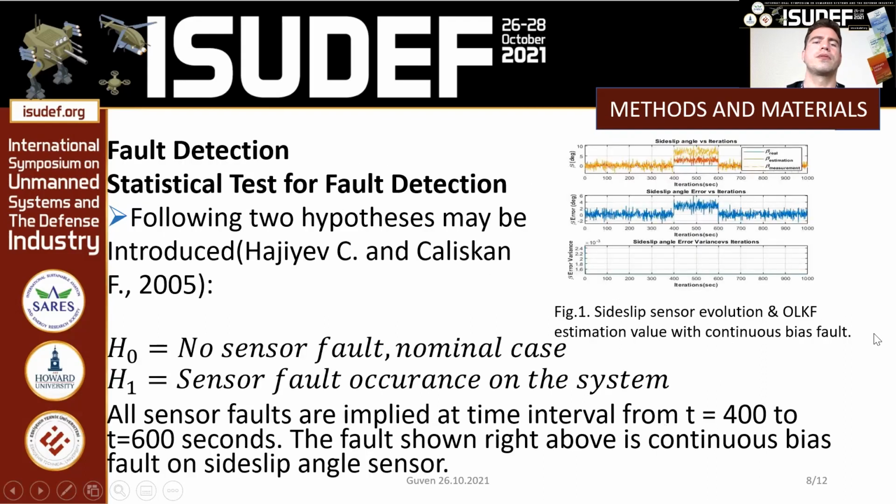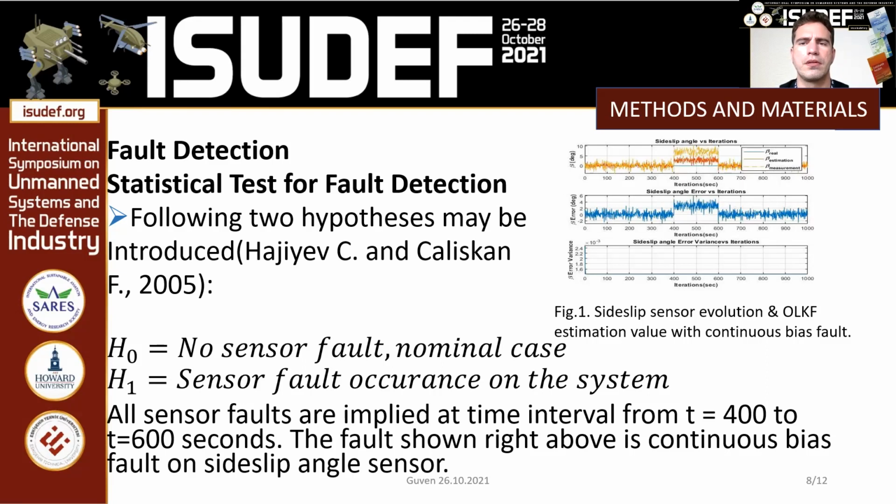Fault detection is done to detect whether there is a malfunction on the sensor or sensors. It is done by a statistical test. It has two hypotheses. H0 means there is no fault on the system. H1 means a sensor fault occurs on the system.